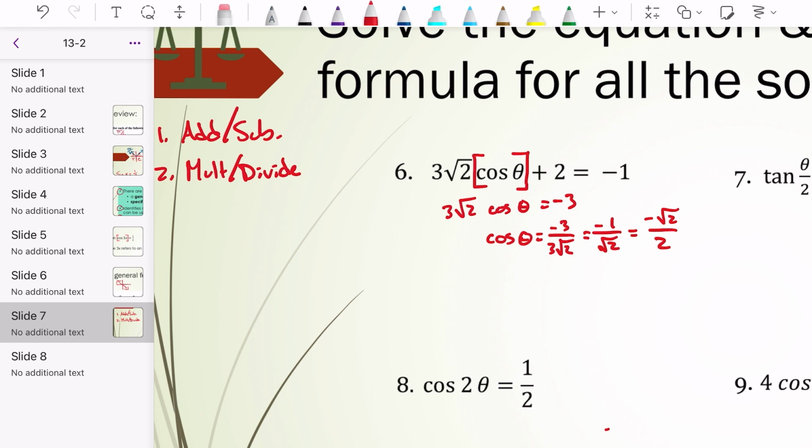We're going to take a look at where we have a square root of 2 over 2 for cosine and figure out where it would be within our graph. Now in this case, if we're looking for a negative number and we are working with cosine, the placement would be in quadrants 2 and 3.